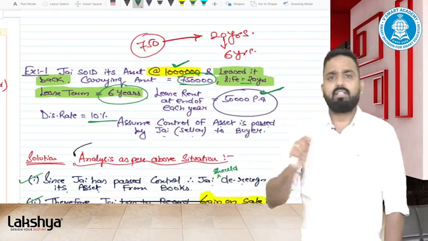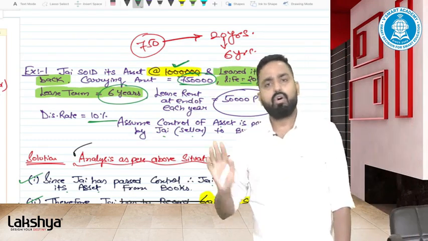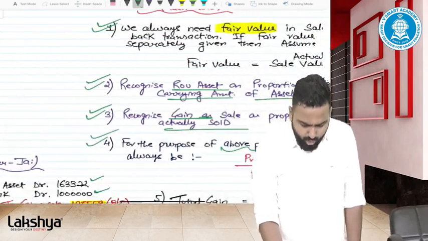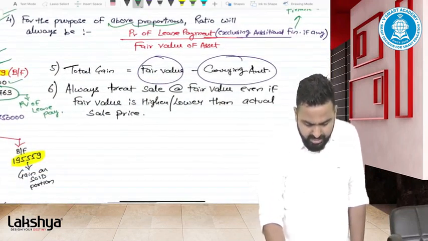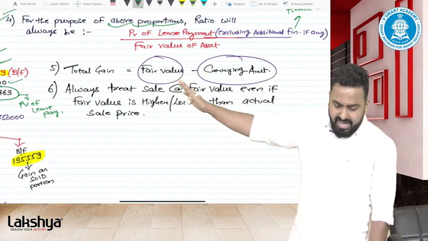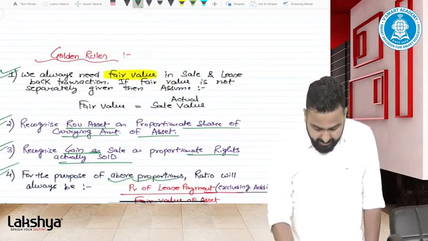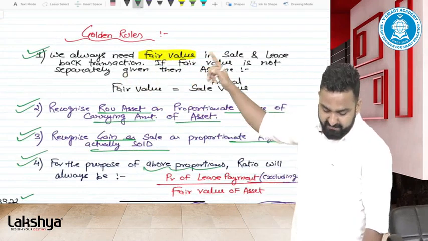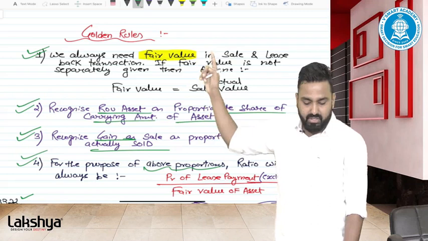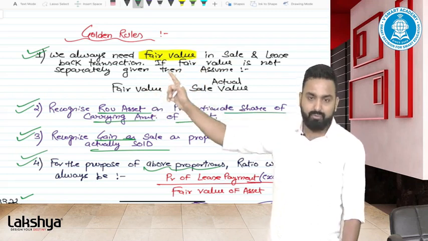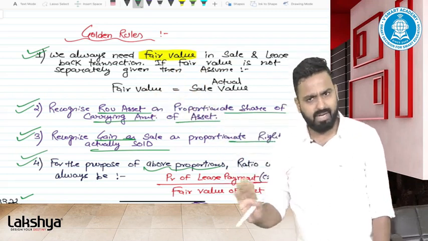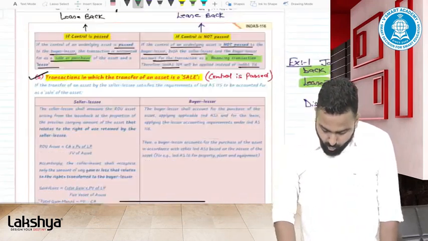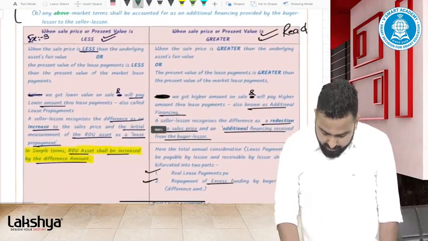Even in the golden rules, I told you that in the first point, we always need fair value in sale and leaseback transactions. If fair value is not separately given, then assume fair value is equal to sale. Right? This was a basic assumption. But now, what to do? Come here.